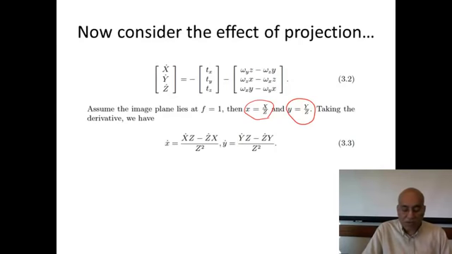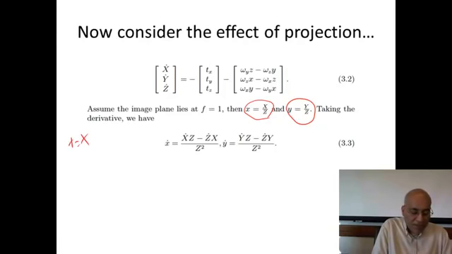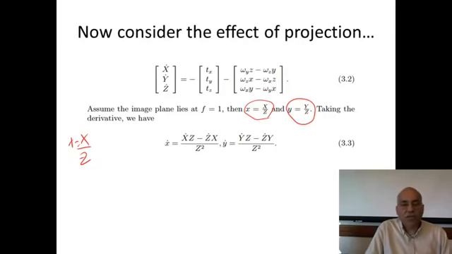So what we have to do is to take the derivative. So if I have little x equals uppercase X upon Z, I have to now take the derivative of this with respect to time. So now we have this standard formula. So how do I take the derivative of a fraction where X is the numerator and Z is the denominator?